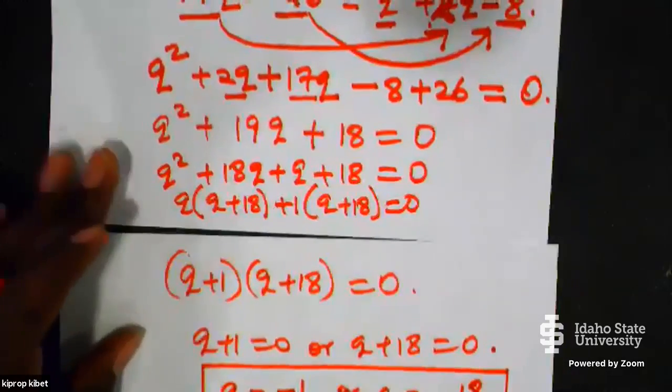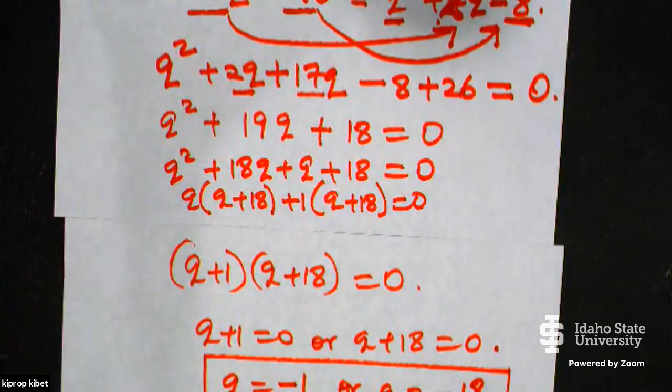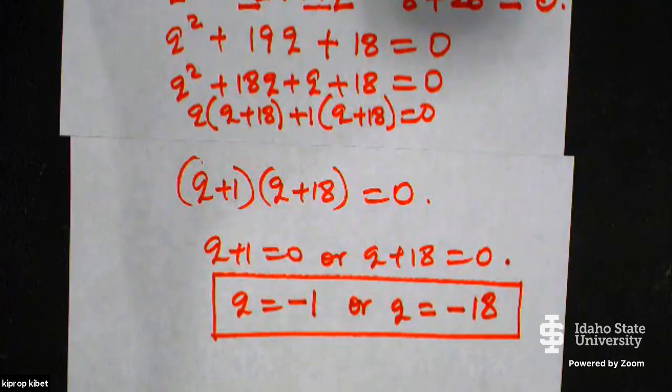That is how we solve that equation. Is that clear? Such a question is a combination of a lot of things. We have the zero product property, we have how to factorize, we have a lot of things there.